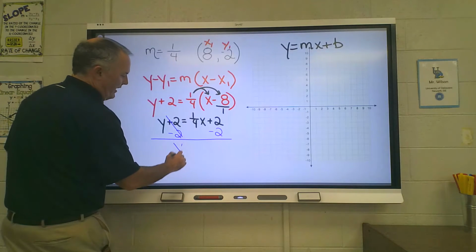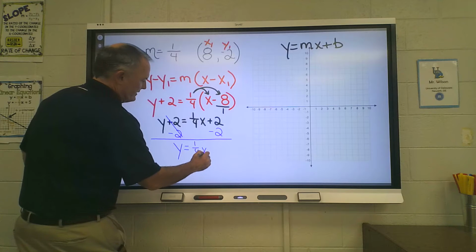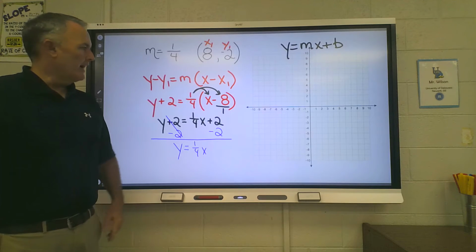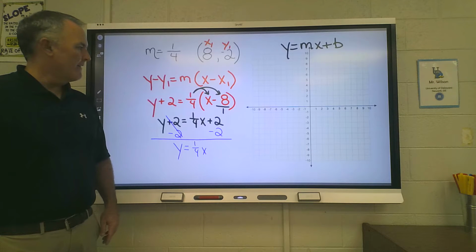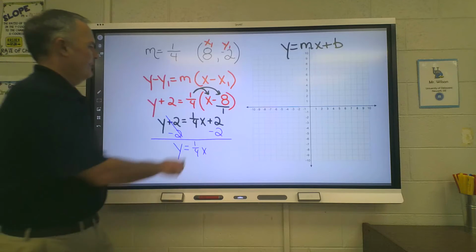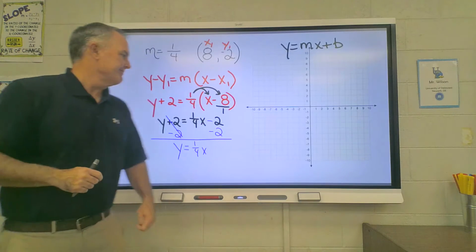I'm going to be left with y equals 1/4x. But wait a minute. I subtracted that away. Actually, that should have been a negative. There you go. Should have been negative. Oops.